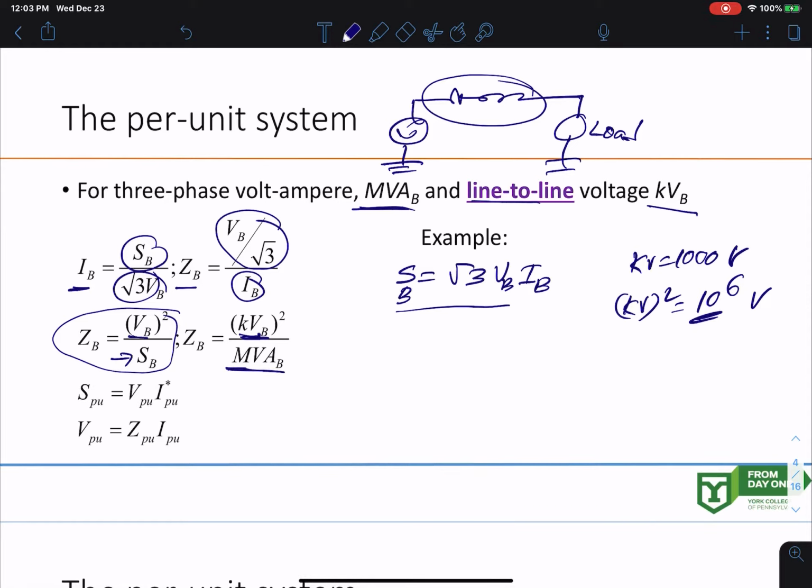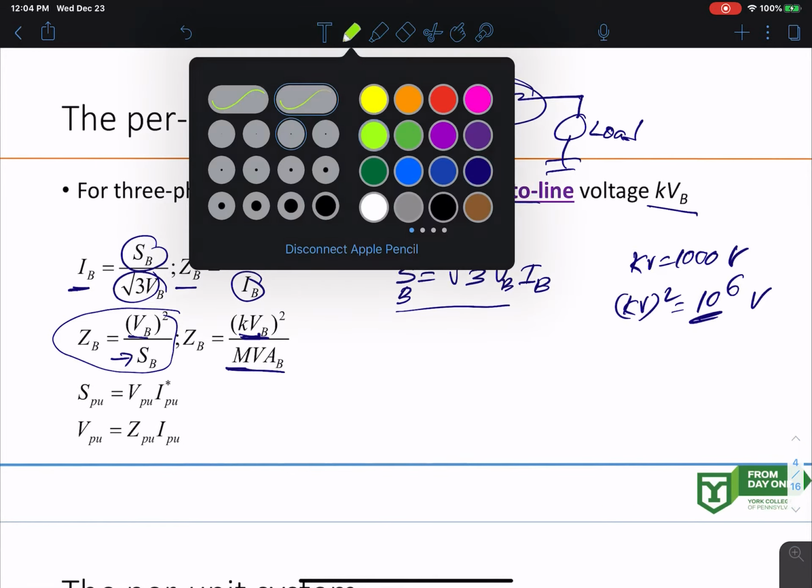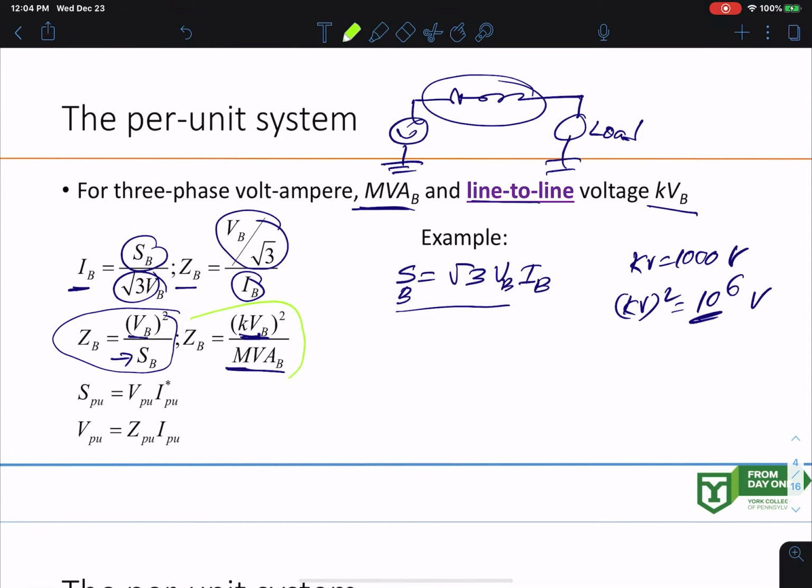That means your base impedance is basically line-to-line kilovolts base squared over megavolt-amperes base. So line-to-line base kilovolts squared over megavolt-amperes will give you the base impedance of the line. This is for the line.